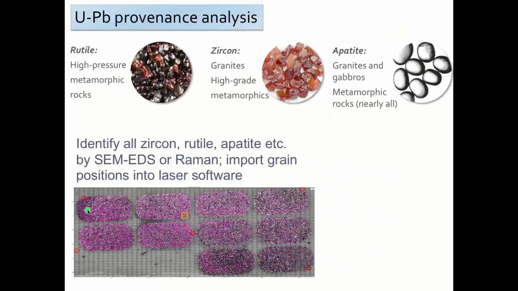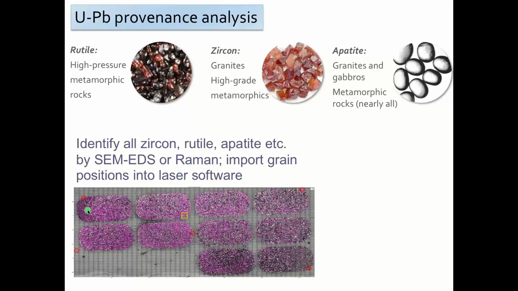So some of the things that we do in our lab is we do multi-proxy sedimentary provenance studies. For example, we look at the mineral rutile when it's present in the heavy mineral fraction. Rutile dominantly forms in high-pressure metamorphic rocks, occasionally some igneous rocks. Zircon forms in granites and other silica-rich magmatic rocks, but also sometimes in high-grade metamorphic rocks as well.